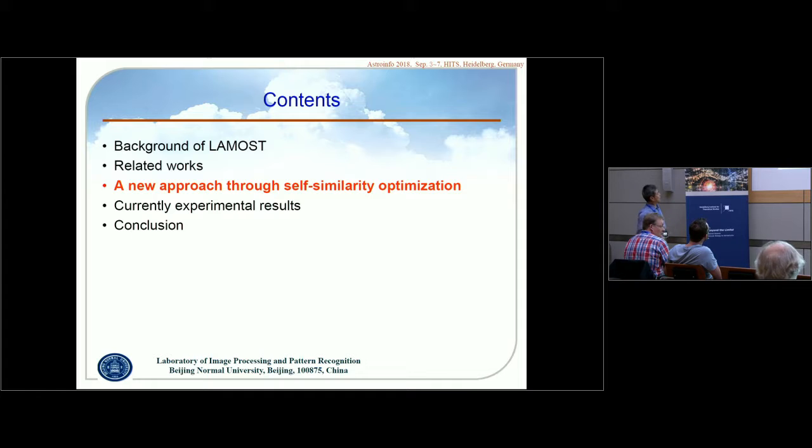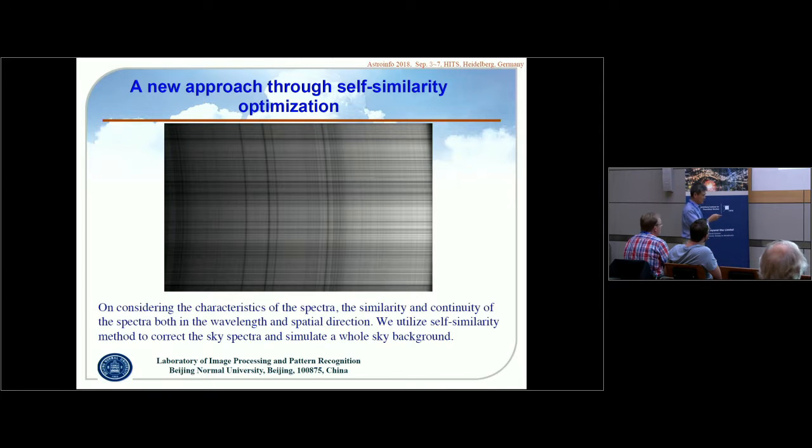This is our new approximation through a self-similarity optimization method. As we know, the CCD image contains 250 signals, and maybe 10 fibers receive the sky signal, while the others are object plus sky.